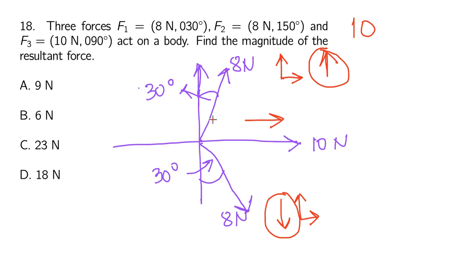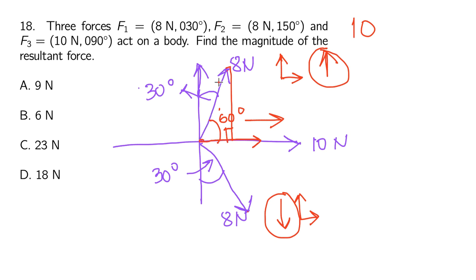We observe that this angle is 60 degrees. And so the horizontal component of this force is going to be in this direction, and when you complete this triangle, you want to find the magnitude of that force.